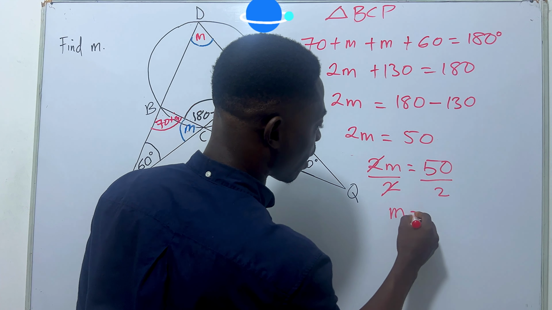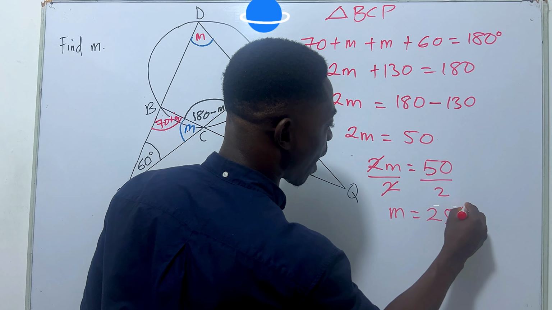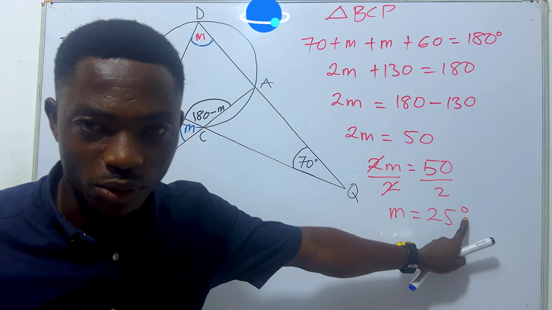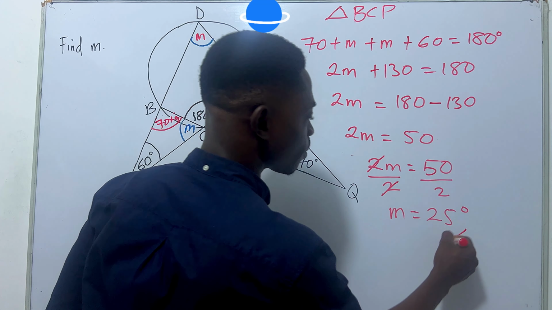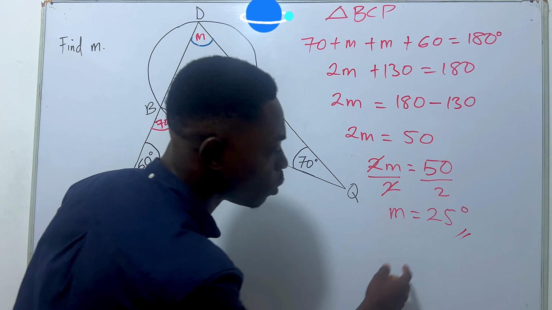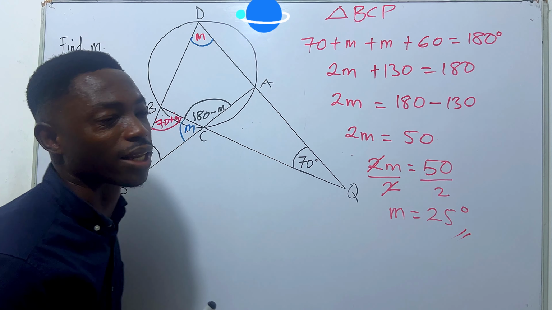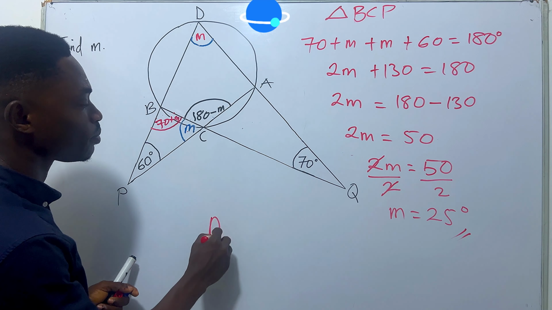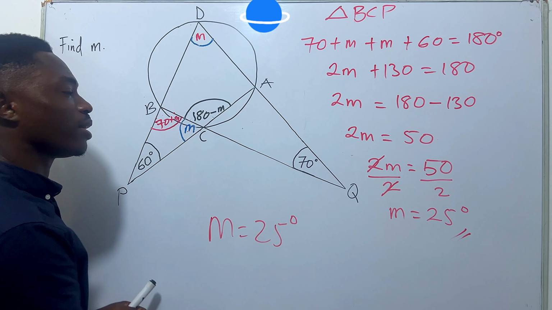Then 50 divided by 2 is 25. Don't forget the degree. Very important. Are we done? Yes. So this is what we were looking for, and now we have been able to find it. As simple as that. It's not difficult at all. So m is equal to 25 degrees.